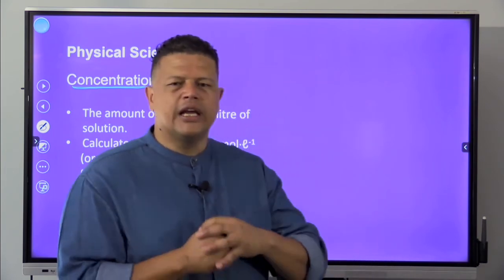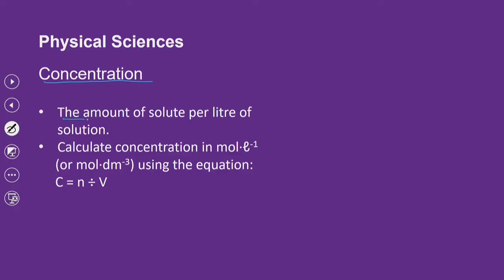So that gives you an idea of what concentration is. Let's put it into perspective. The amount of solute per liter of solution. So the solute refers to our Oros, and the solution we are looking at is specifically our solvent, and that is water.